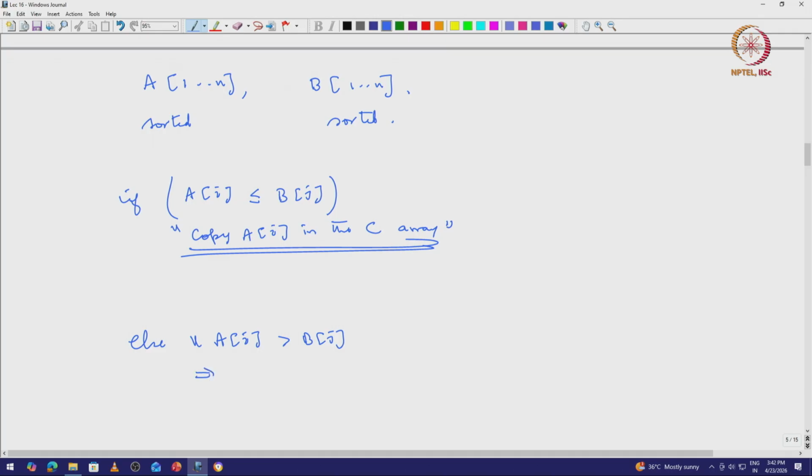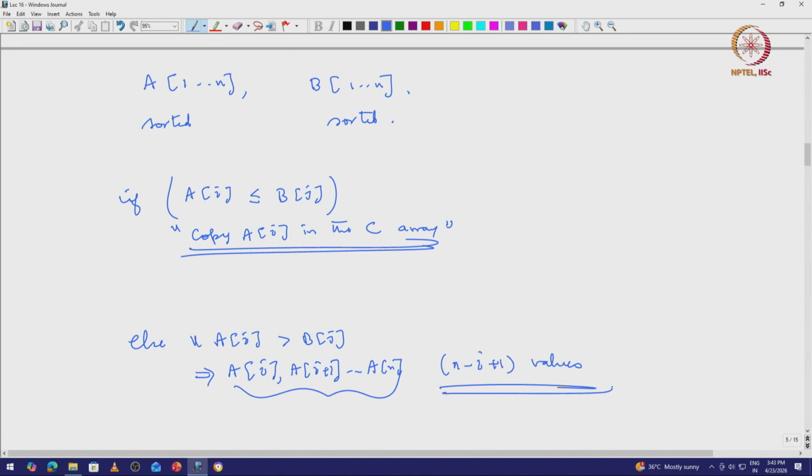This implies Ai plus 1 up to An, all these n minus i plus 1 values, all are greater than Bj. Because Ai is greater than Bj and A is sorted, from Ai onwards everybody is larger.